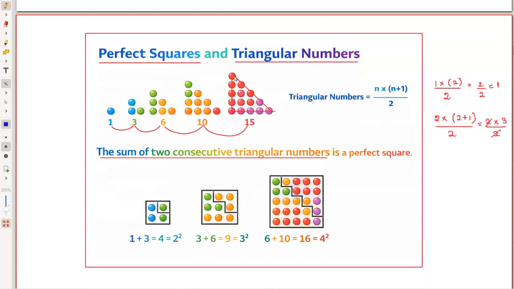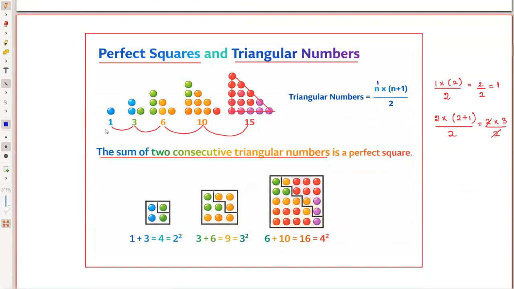A triangular number means the number can be written in this format: n into n plus 1 by 2. This is the formula we use for finding triangular numbers. For example, if you take n equal to 1, you get the first triangular number: 1 into 1 plus 1 is 2, 1 two's are 2, 2 by 2 is 1.